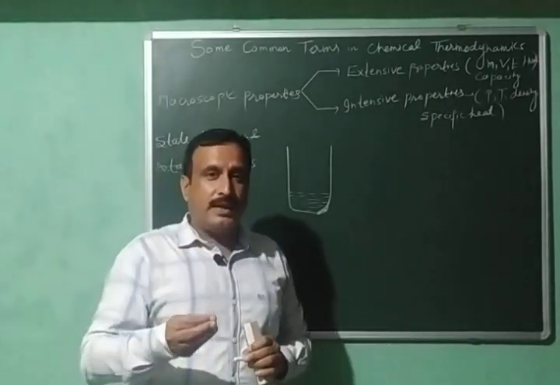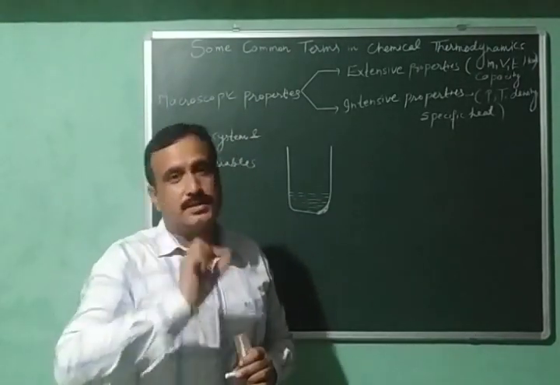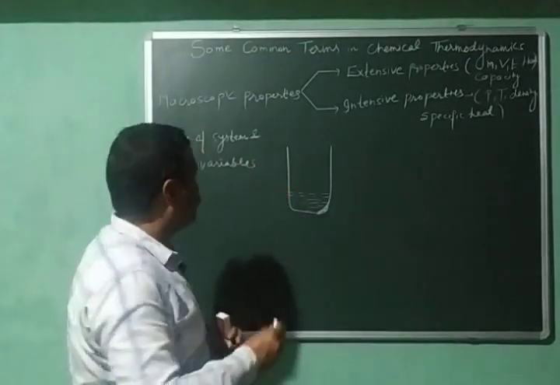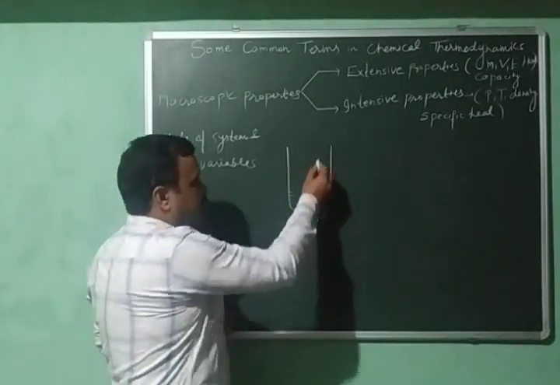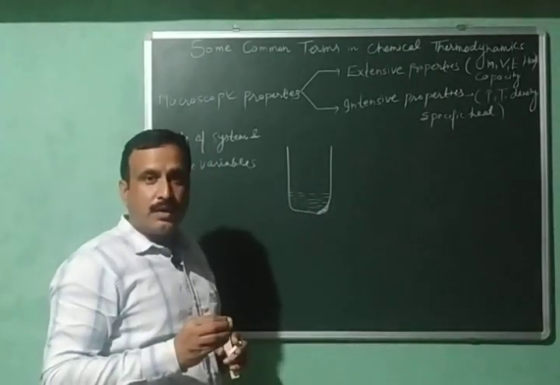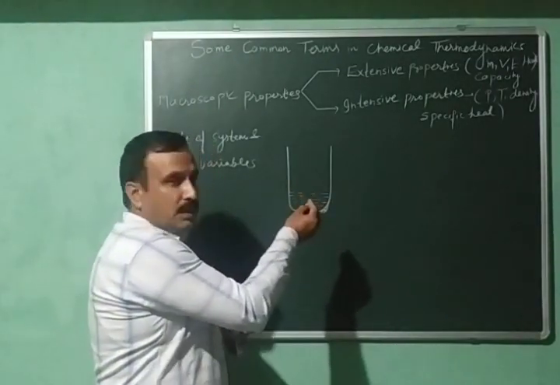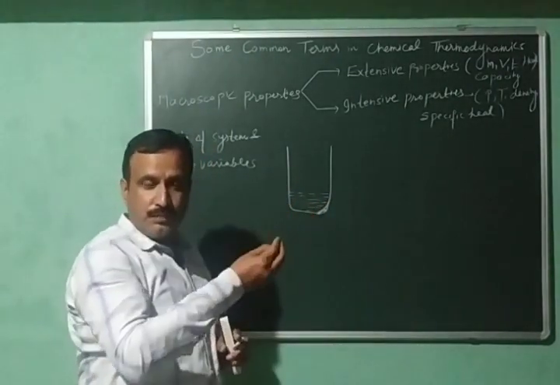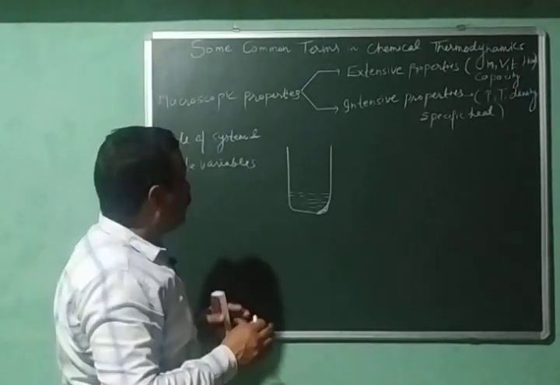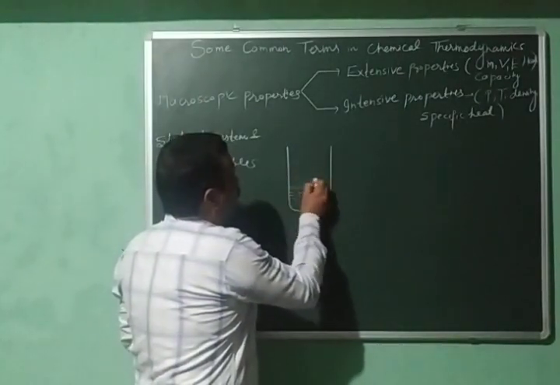So let us explain how mass, volume, energy are extensive properties, with the help of an example. I have a container containing this much amount of water, and this water will have a certain amount of mass, volume and energy. Now I have added some more water into it.